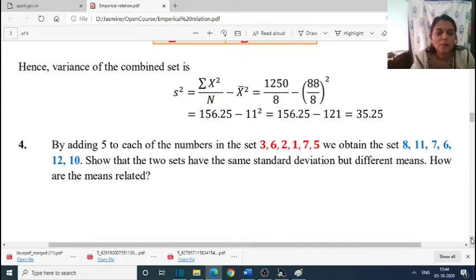Next problem. By adding 5 to each of the numbers in the set 3, 6, 2, 1, 7, 5, we obtain the set 8, 11, 7, 6, 12, 10. Show that the two sets have the same standard deviation but different means. How are the means related?